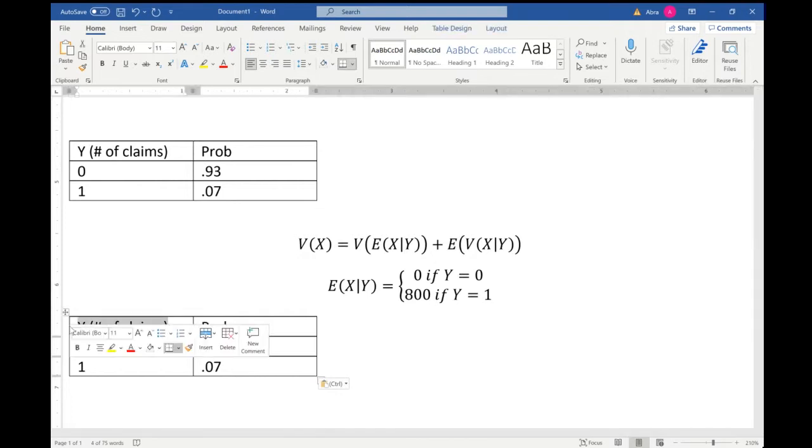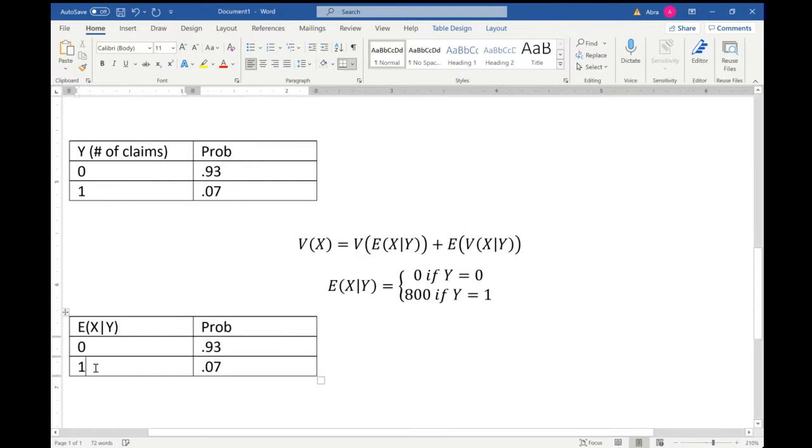We can say the expected value of x given y is 0 with probability 0.93 or 800 with probability 0.07. Right, yeah. And then use this table to find the variance. Okay. Yeah, I think that's kind of what I did for that one.